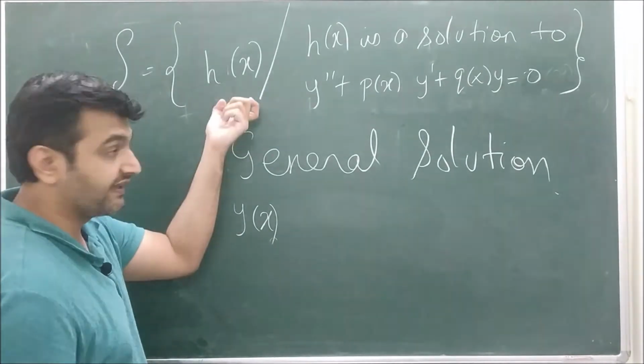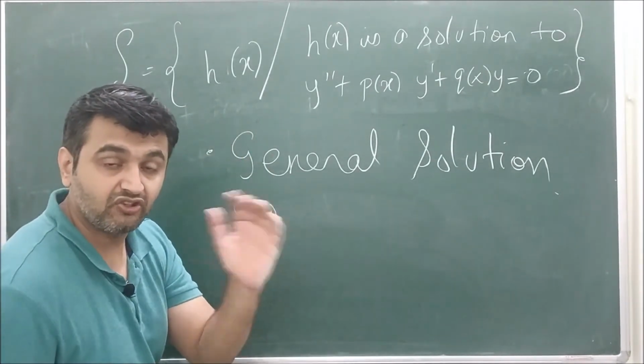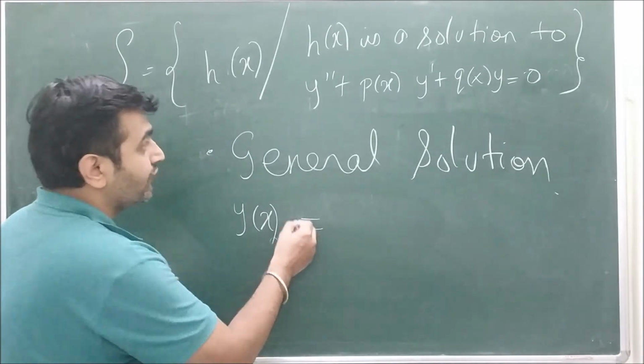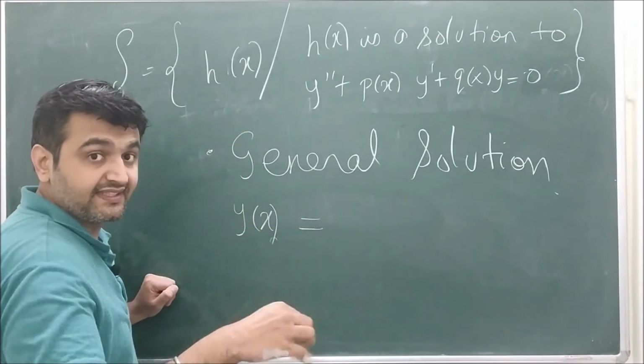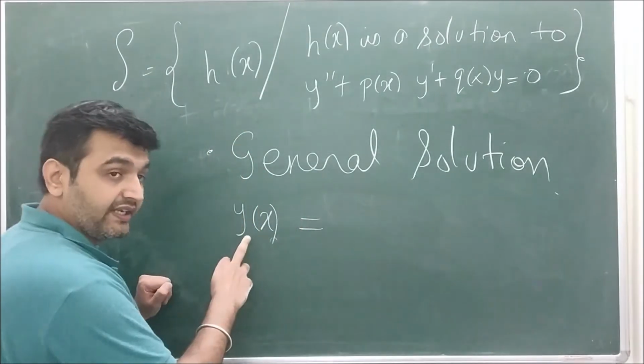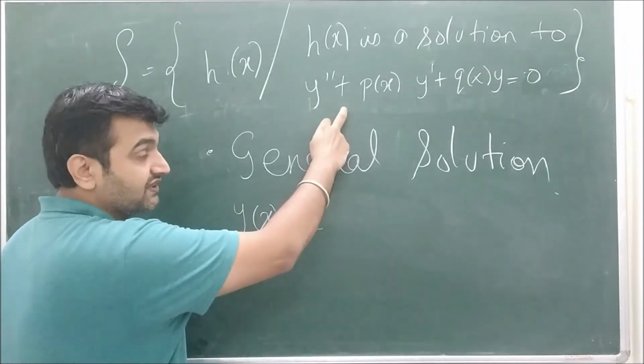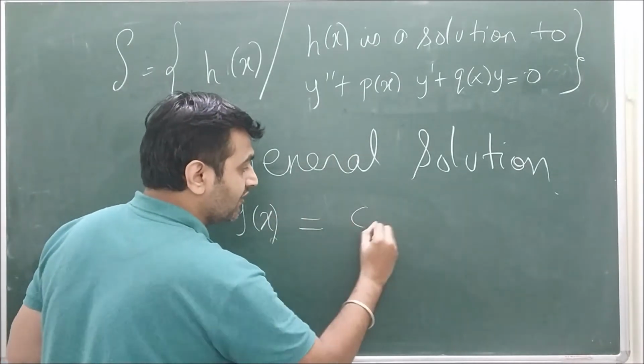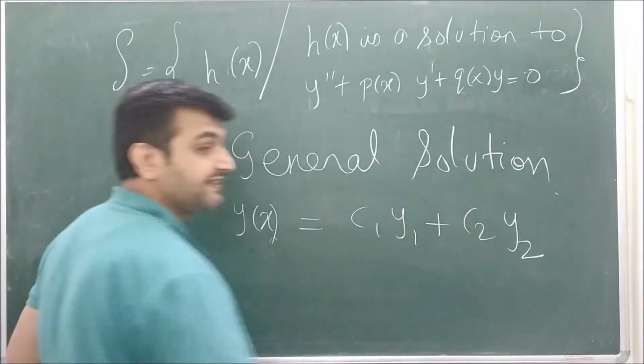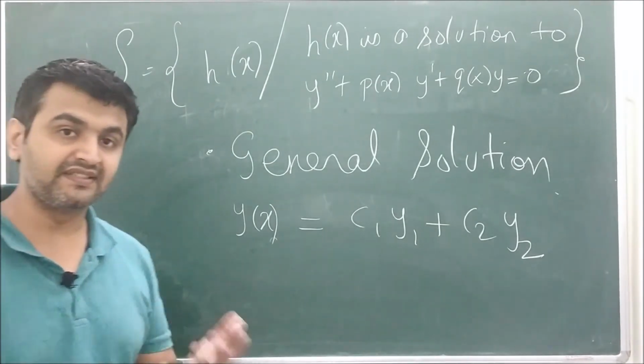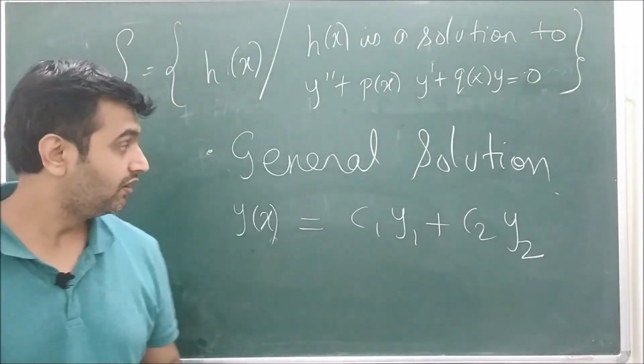Any vector in a vector space is a linear combination of basis vectors. So for this, what are the basis vectors? Say y1 and y2. So any y of x which is a solution of this differential equation will look like c1 y1 plus c2 y2, where y1 and y2 are a basis, meaning they are linearly independent.